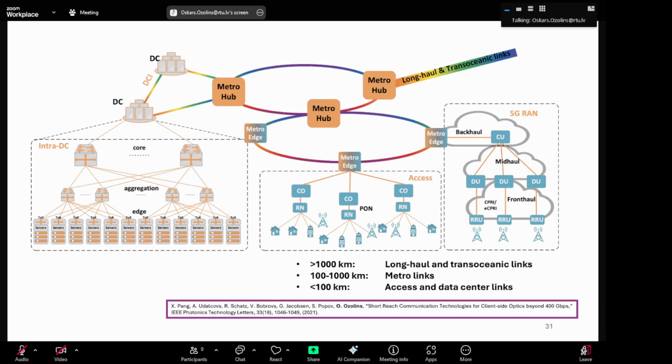So we are now moving from intra data centers, from passive optical networks. Well, some passive optical networks are becoming coherent already, from fronthaul discussion. So we look more at backhaul, metro edge, long haul, transoceanic links. This is what we are going to focus on now, and try to see how you can get even more capacity. Well, of course with some complexity, but using coherent modulation signals.